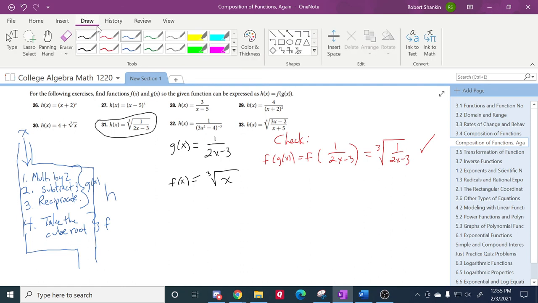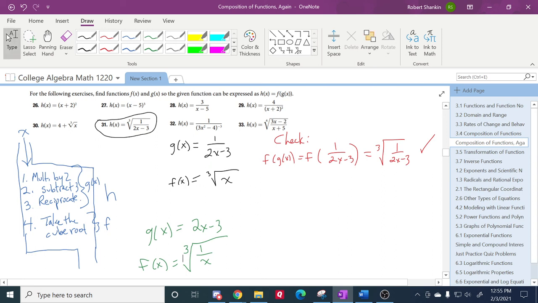For instance, I could have done f and g of x being just the first two. 2x minus 3. F of x is reciprocated and cube rooted. Could have been, these first two is g of x and the last two are the f of x. This would give me exactly the same h of x in the end. Alright, a little bit of feedback on this one, number 31.